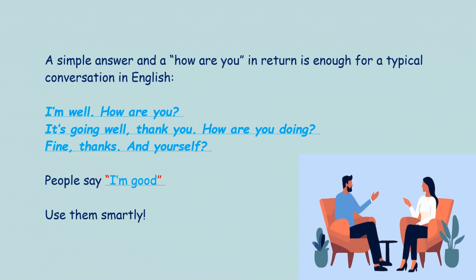But when it comes to writing, you can't use this. And when you're speaking to a professional, you can't use these phrases. So be careful, just like a few other mistakes English speakers make.